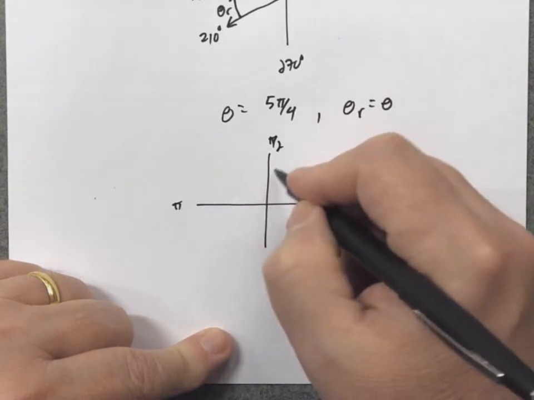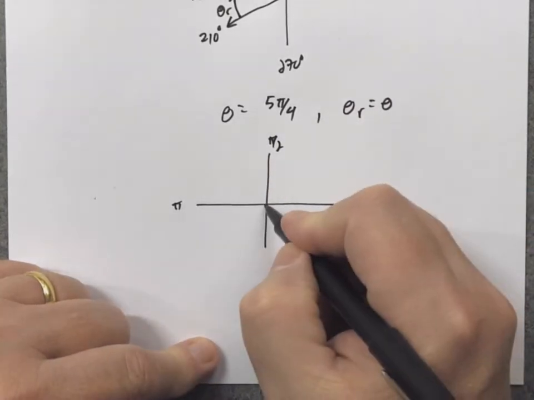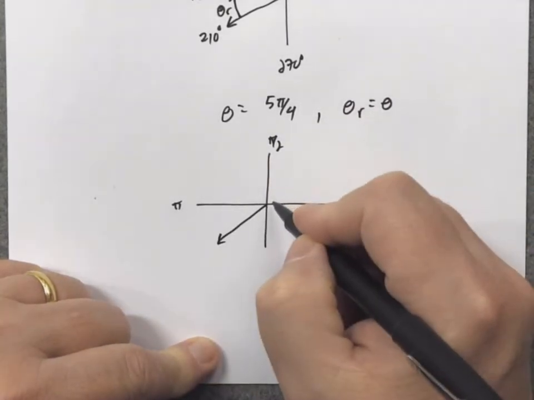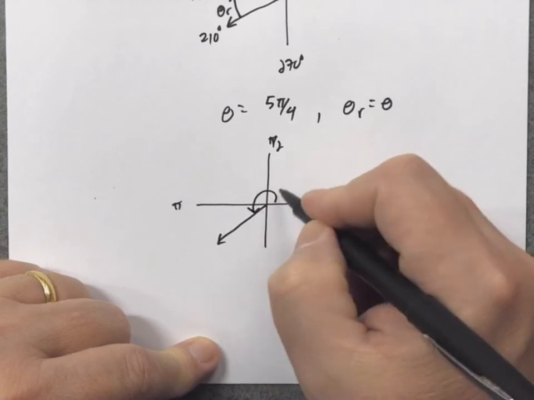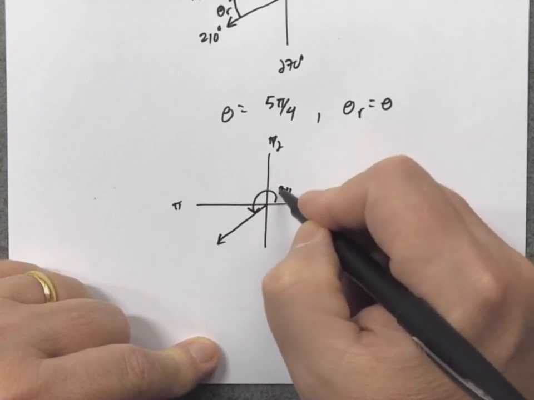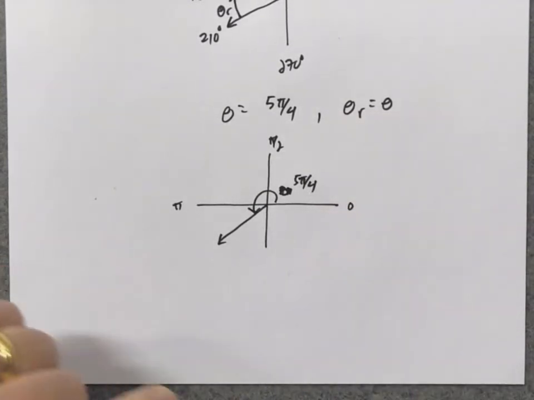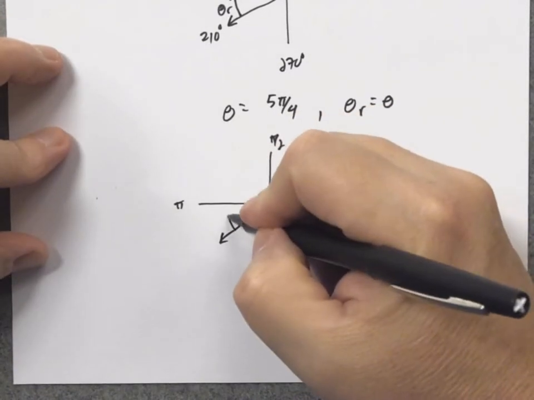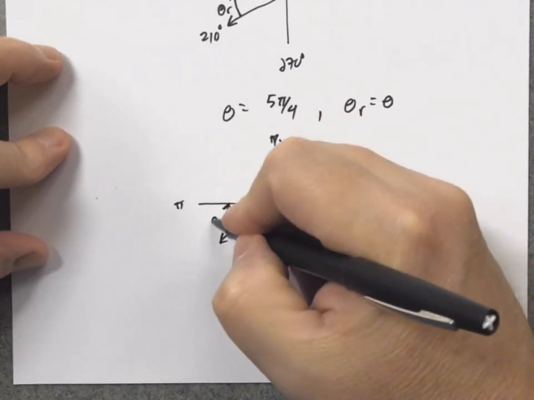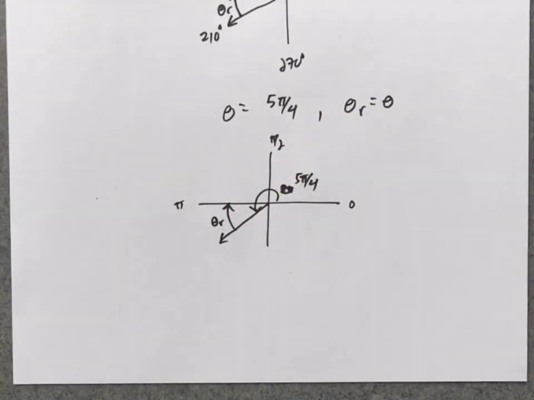So I'm looking at angles. There's a 5 pi over 4 angle. Now when I look at that picture, and if I'm asked to sketch or draw the reference angle, what would it be? Well, there's my reference angle.